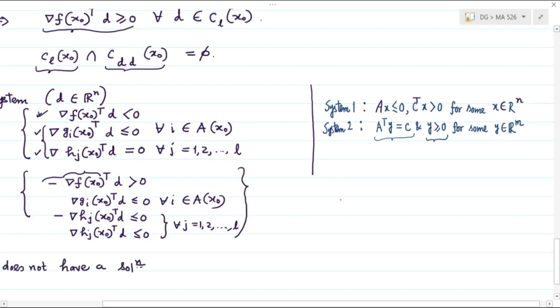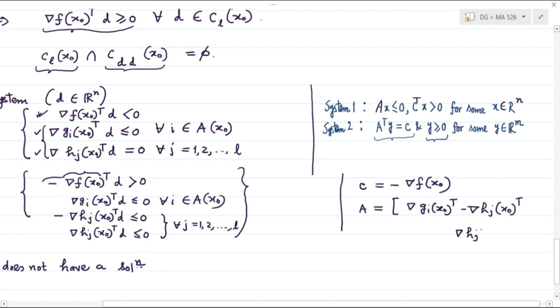Now equivalently you take c equal to minus grad of f x naught, and you take the matrix A having the columns grad of gi x naught transpose, then minus grad of hj x naught transpose and gradient of hj x naught transpose. So A is this matrix. Then system 1 of the Farkas lemma does not have a solution.